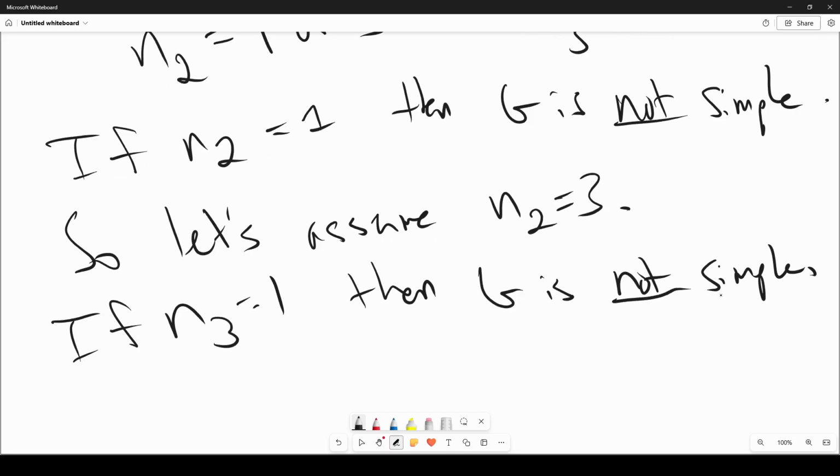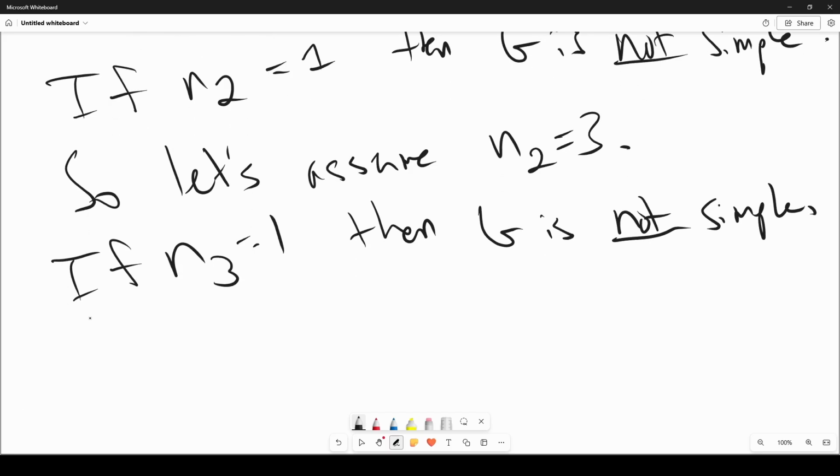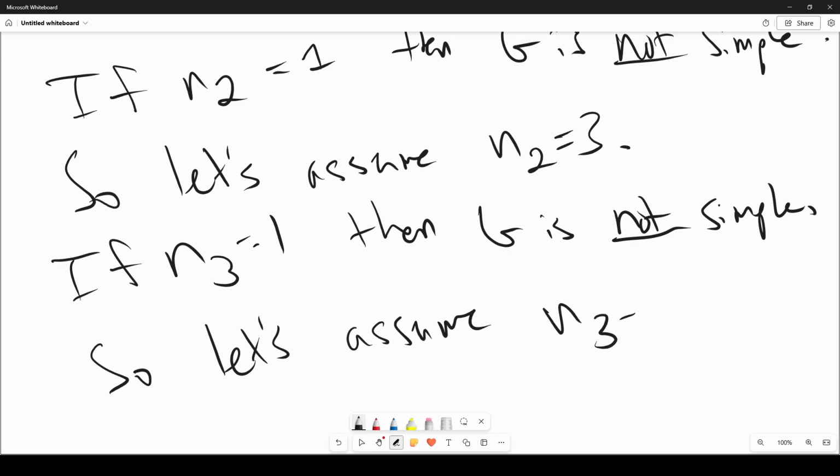So for the sake of argument, let's assume n3 is 4. Now we're going to use a proof by contradiction, assuming n2 is 3 and n3 is 4, to find some contradiction in the statement to show that either n2 or n3 had to be 1. Okay.